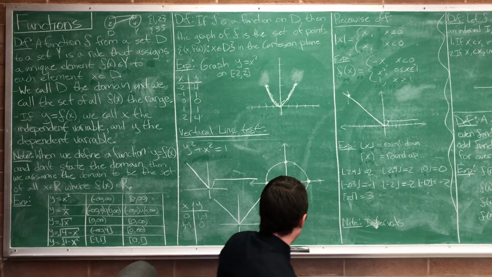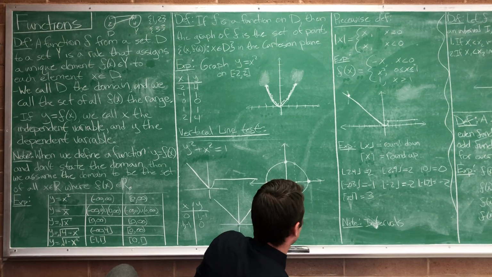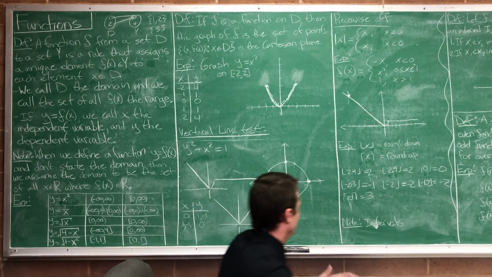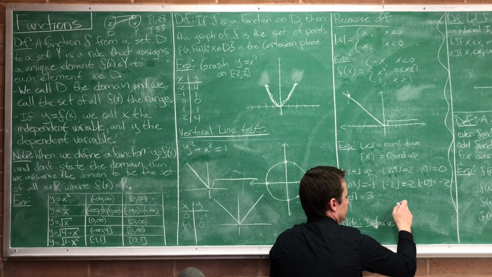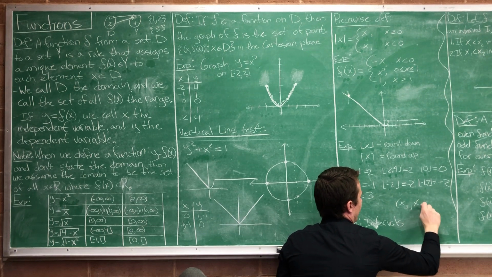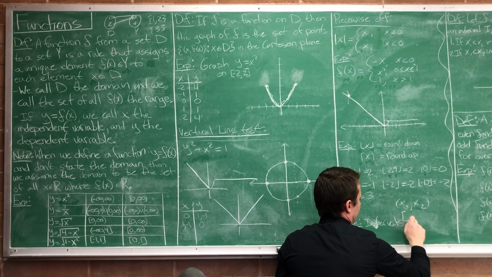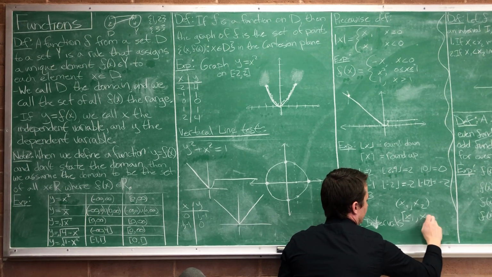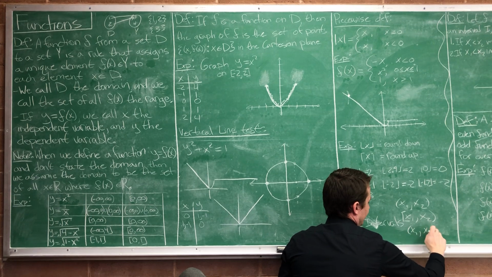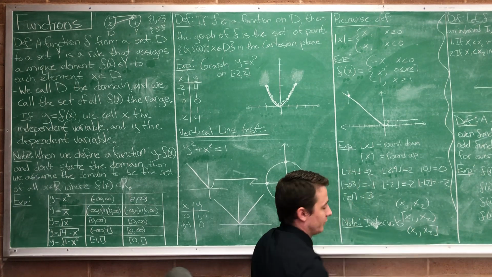Okay, intervals. We already talked about intervals. I should have put that note earlier. Intervals are just things of the form: they could look like this, x1 to x2 with parentheses on both sides; it could look like x1 to x2 with a bracket on one side; or with a bracket on the other side; or x1 to x2 with square brackets on both sides.